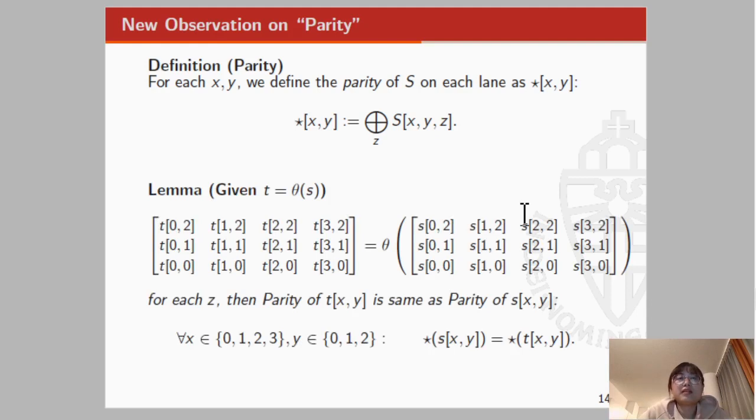With this definition, we deduce a lemma, that is, the input and output of zeta has the same parity property. That is, for example, the parity on S00 equal to the parity on T00. The parity on S01 equal to the parity on T01.